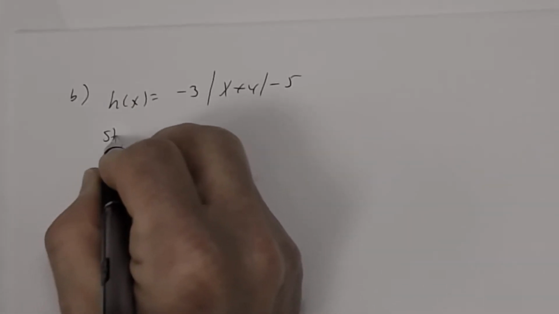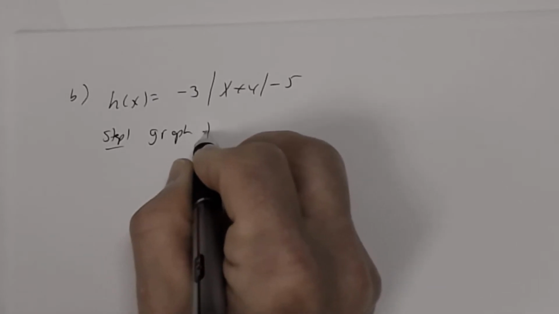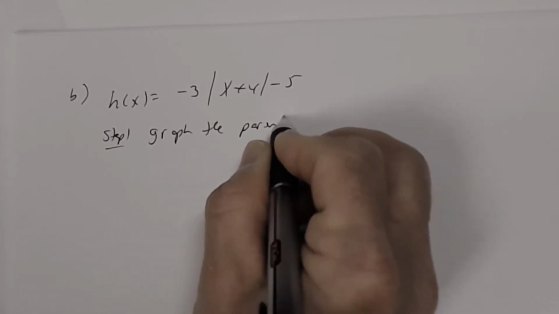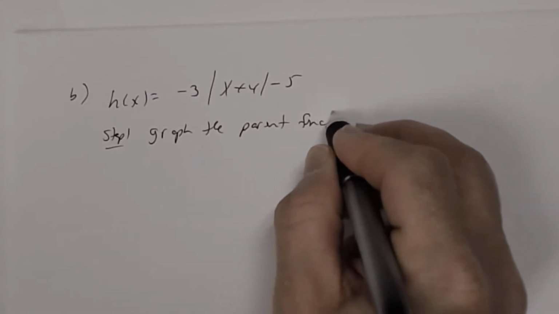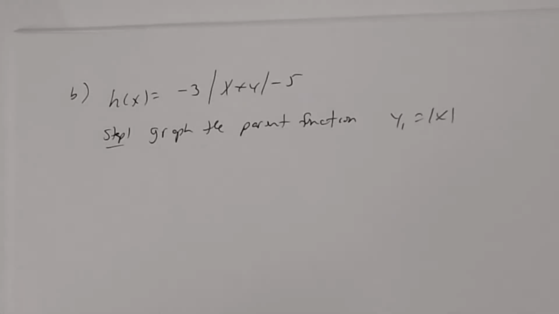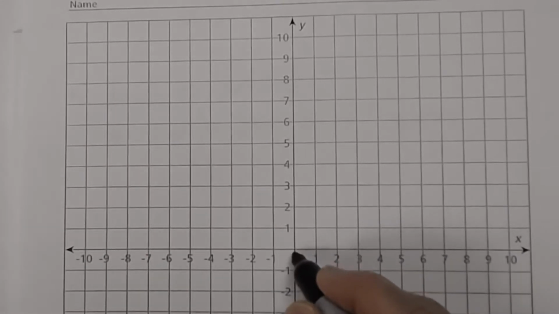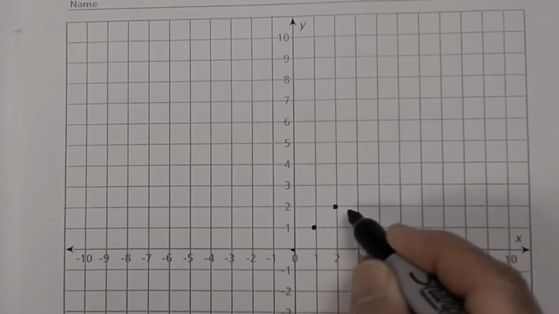So step 1, graph the parent function. So your parent function is y1 equals absolute value of x. All right, so we go ahead and we do that, just like we did the previous one. So when I do that, I get 0, 0, 1, 1, 2, 2, and so on, right?